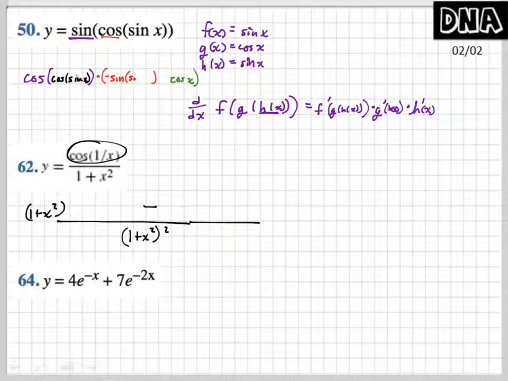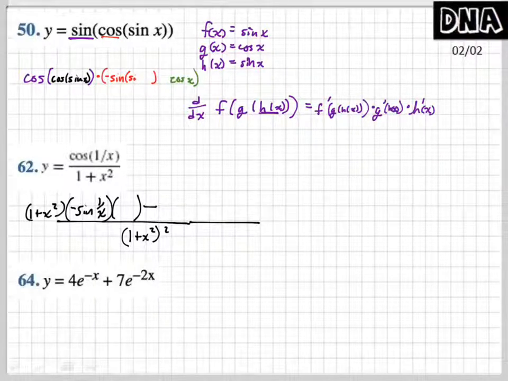Now we have to take the derivative of this. But to take the derivative of that, we have to do the chain rule because there's a function of x inside of the function of cosine. Okay, so the derivative of cosine is going to be negative sine. And then inside of there we have 1 over x. Then we have to multiply to that the derivative of 1 over x.